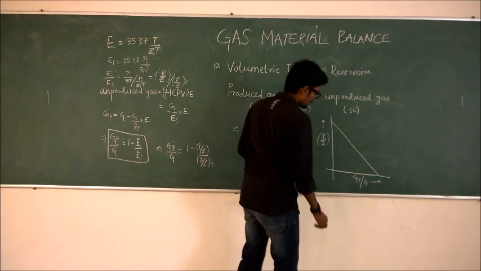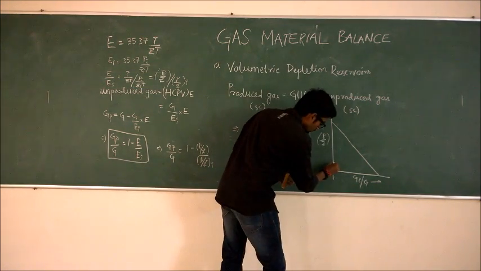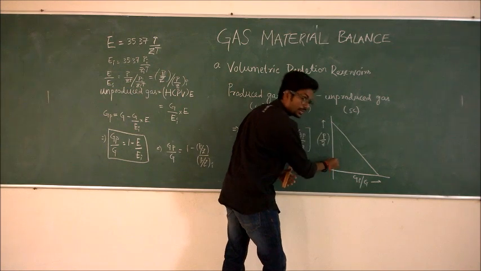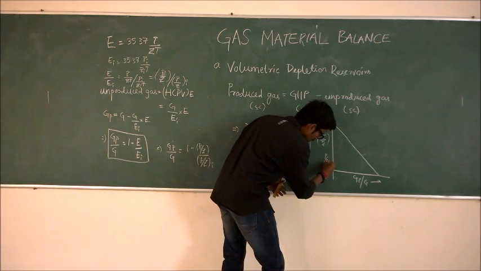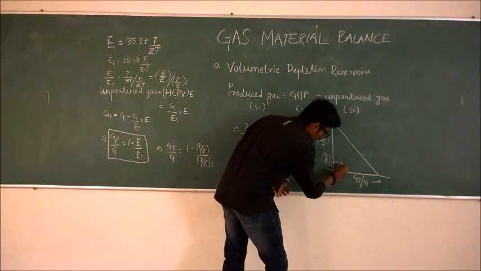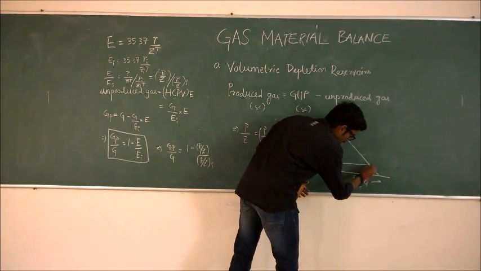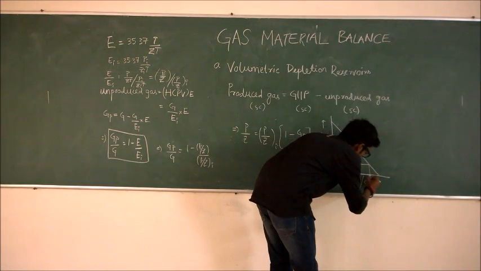So if we know the abandonment pressure, now we can know the ultimate recovery. If this is the P by Z value at abandonment conditions, this will give us the ultimate recovery.